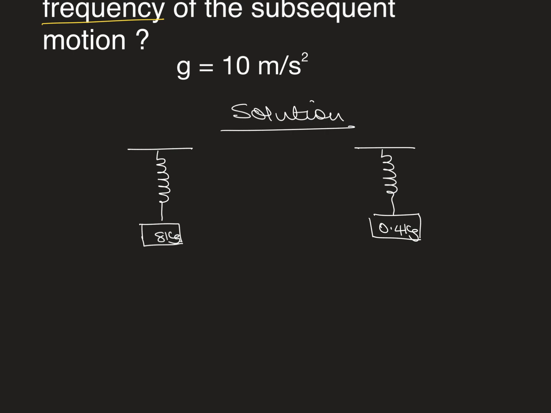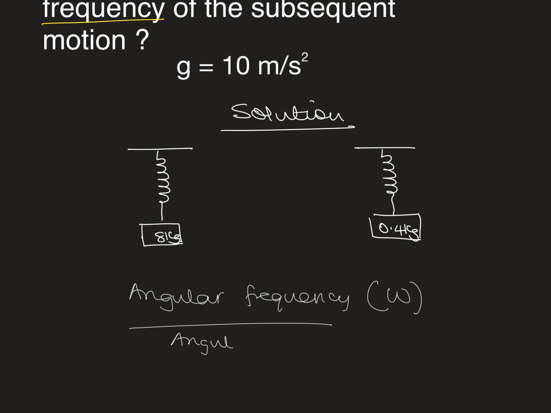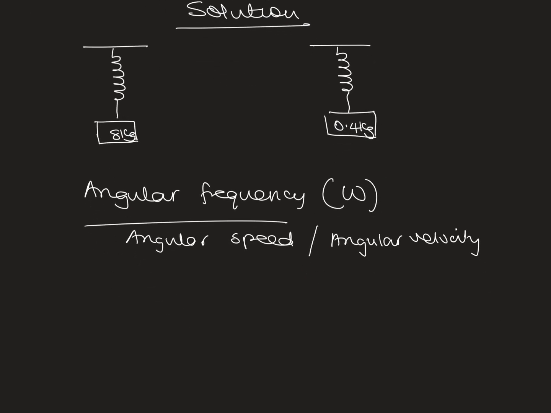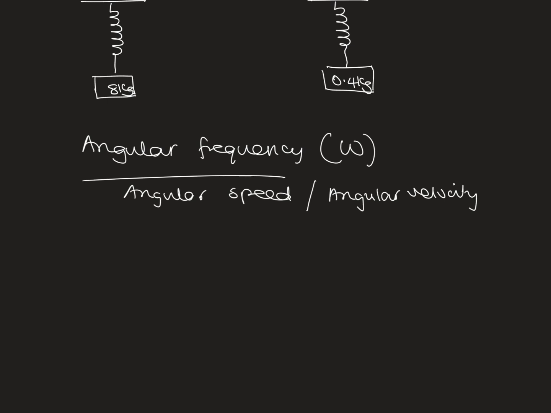Remember, angular frequency is represented with the symbol omega. It can also be called angular speed or angular velocity. You should never confuse angular frequency with the word frequency alone.